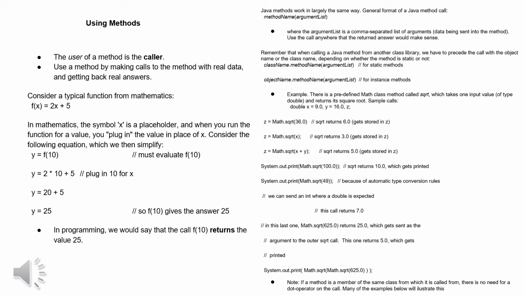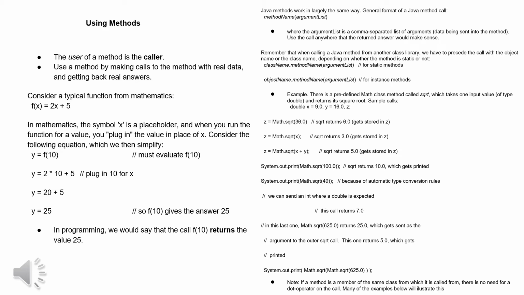Sometimes when you are going to use a method from another class library, you need to call its object name or class name. For example, you need to write down class name dot method name argument list, or object name dot method name argument list.